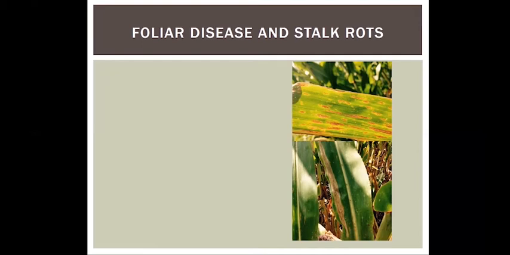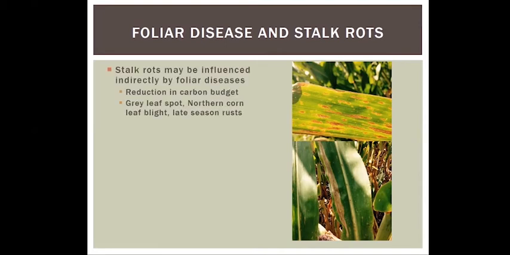Now keep in mind, our corn that we're planting, for the most part, can take a lot of punishment before we start to see a yield reduction. But under the right circumstances, that amount of punishment can be sufficient to cause yield losses and enhance our issues with stalk rots.